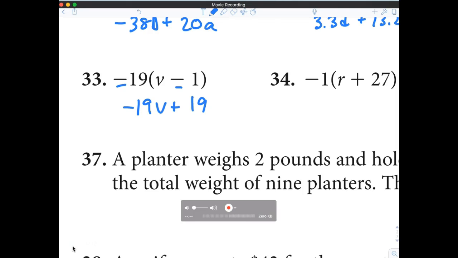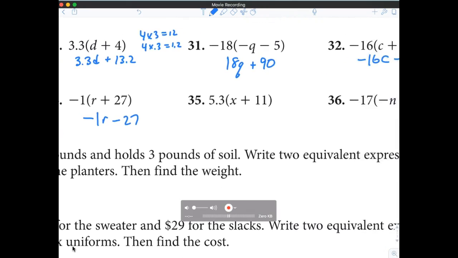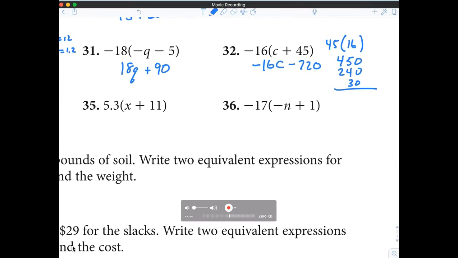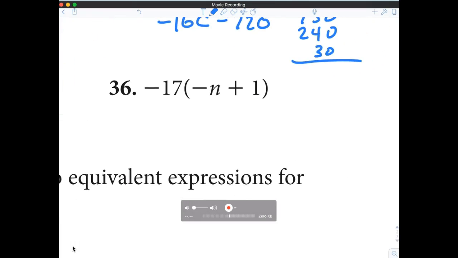Hear me? All right, Kate, you're up. Good job. All right. So skip 35 for now because we're almost out of time. Let's go to 36. Will.